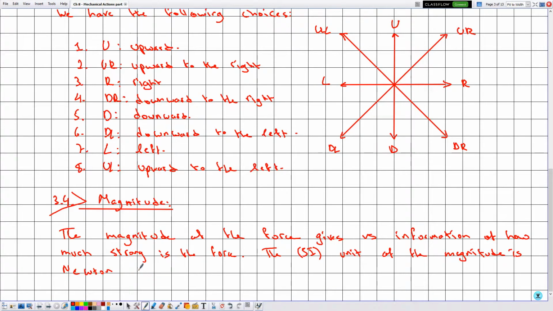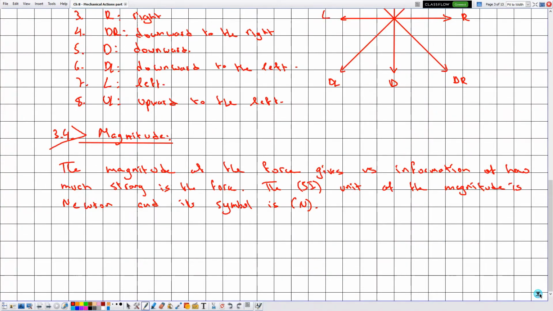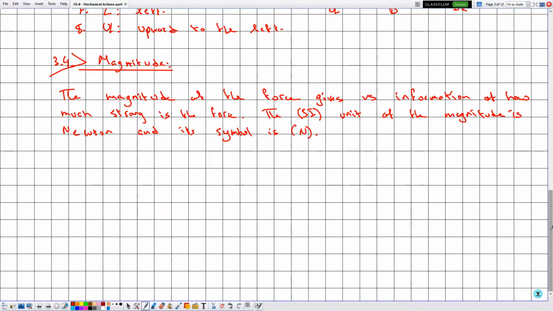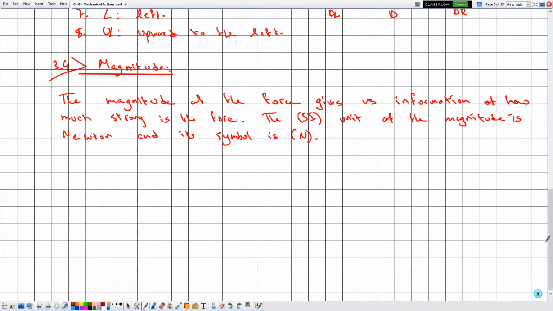And its symbol is given by N. So how can one, for example, determine the magnitude?